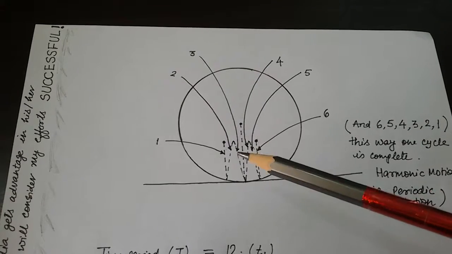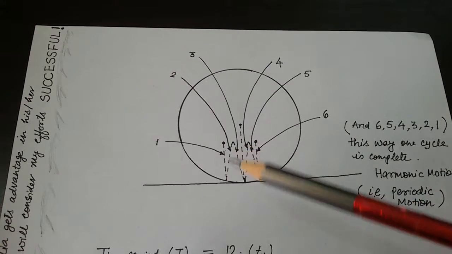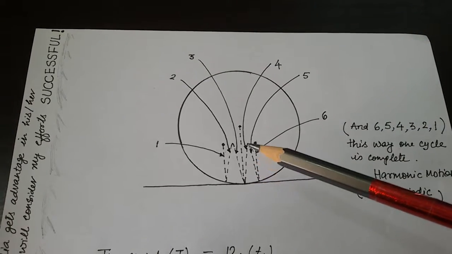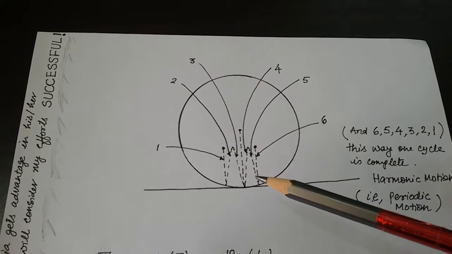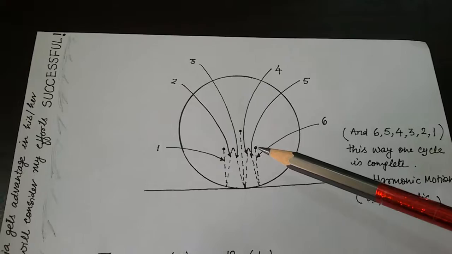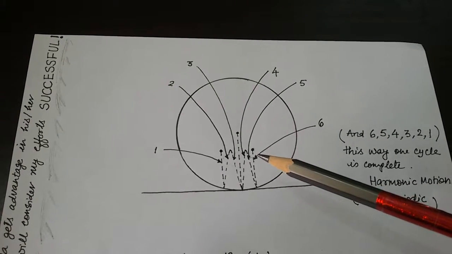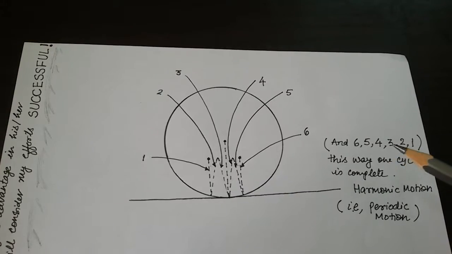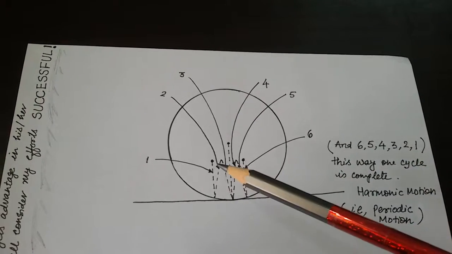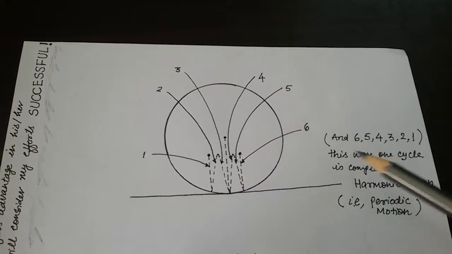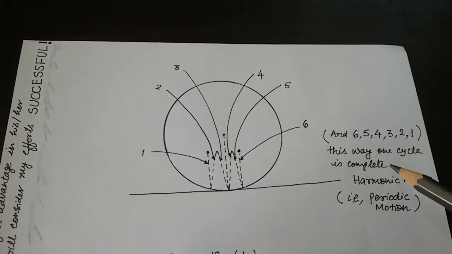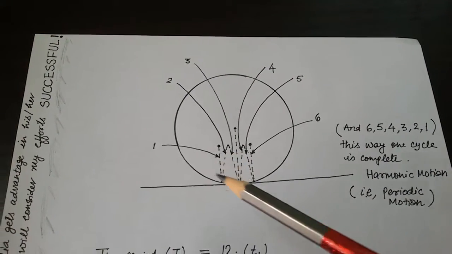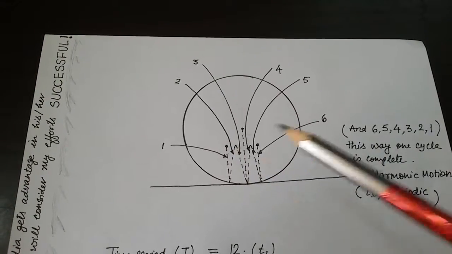I've shown it like this: 1, 2, then this downward path 3, then this upward path 4, downward path 5, upward path 6. 6 steps and then 6 steps back: 6, 5, 4, 3, 2, 1. The ball reaches back here. In this way, one cycle is complete. So this is harmonic motion. This particle will keep on repeating this cycle, right?